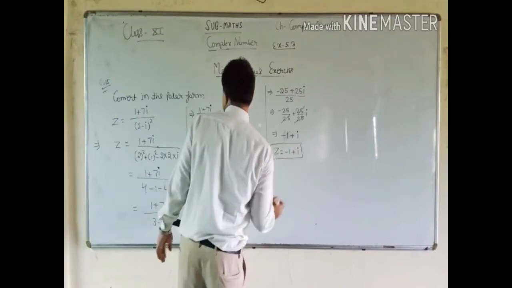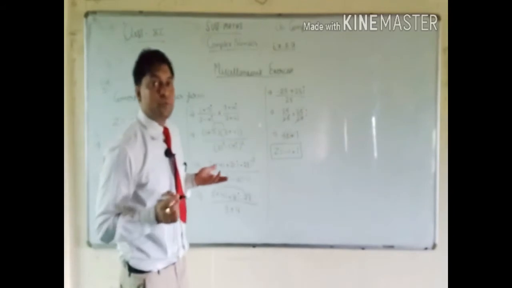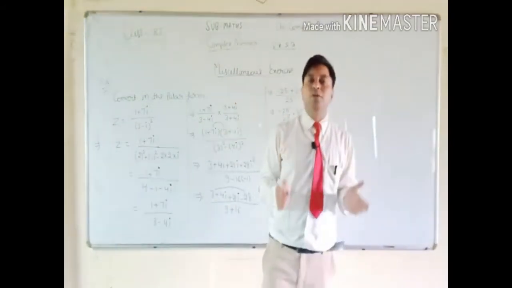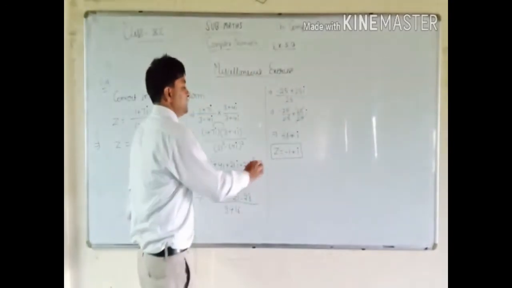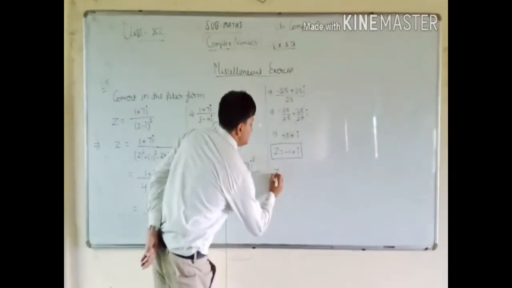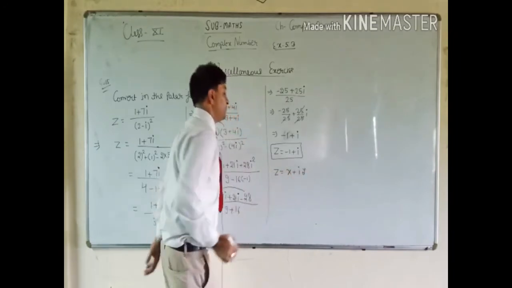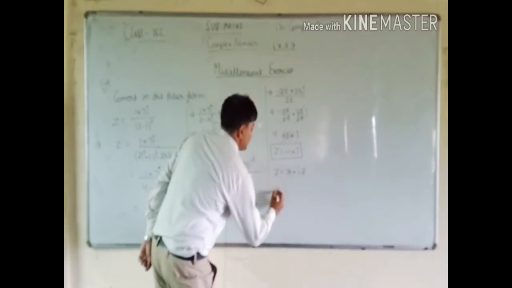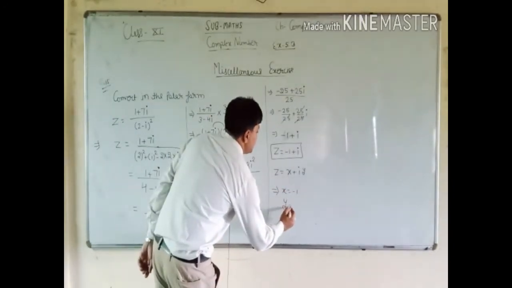Now we can change it in the polar form. And you know what is the polar form? Polar form is z equal to r(cos θ + i sin θ). So this is z equal to −1 + i. We know that z equal to x + iy. Now compare: x is equal to −1 and y is equal to 1.